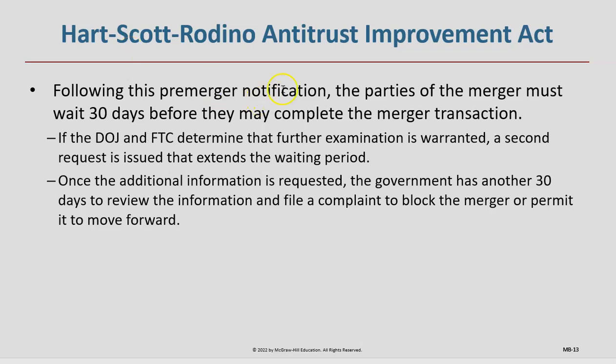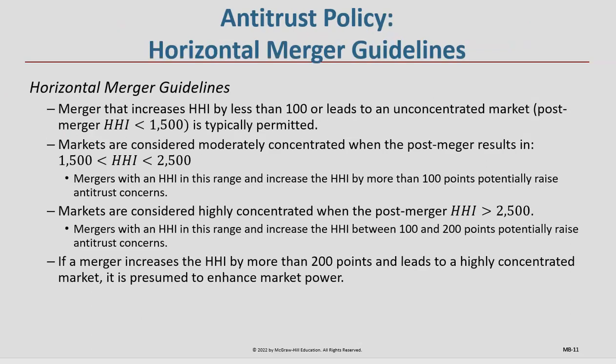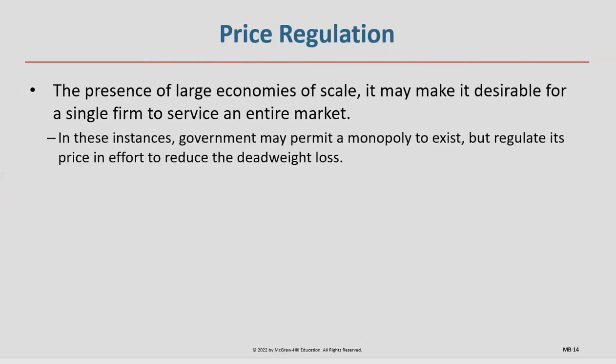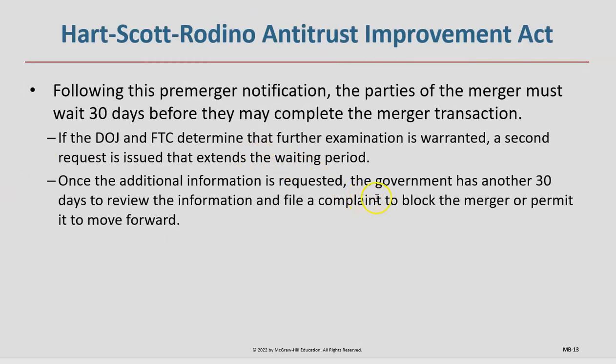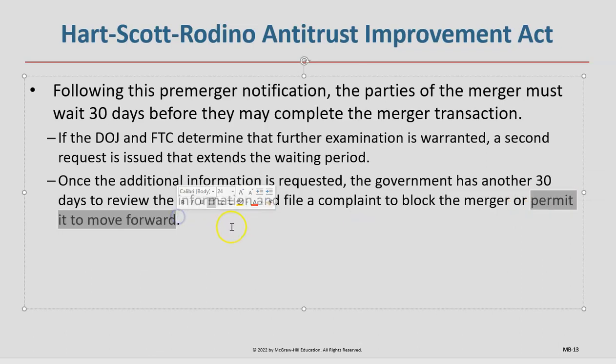And then the DOJ and the FTC, if they don't like what they see, if the merger would lead to an HHI above 2,500, then they can file a complaint to block the merger. But if everything looks good, they can permit the merger.